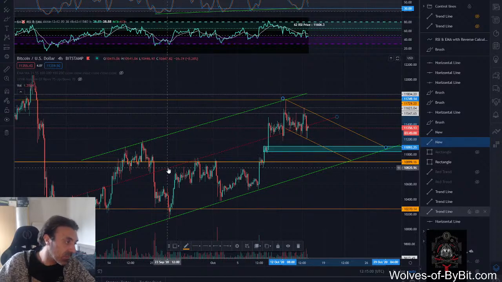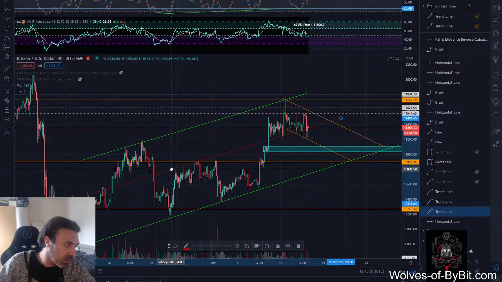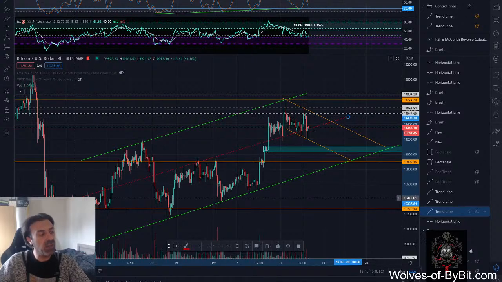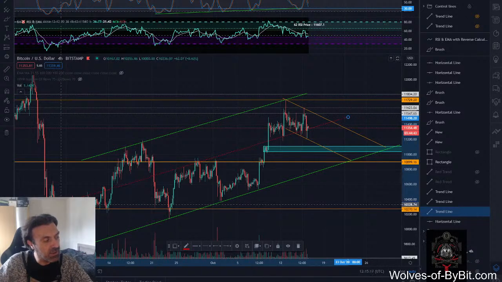And maybe let's take the closes of the candles as a better reference point. Yeah, you could do something like this. I could live with that. What do you think, guys? Could you live with it, or do you think I'm pushing too much? All right.